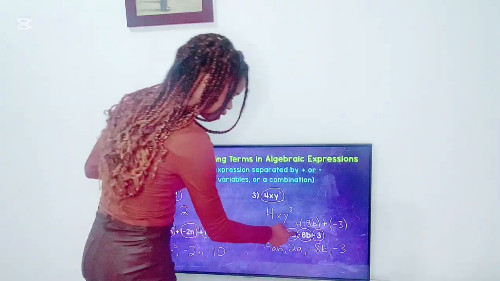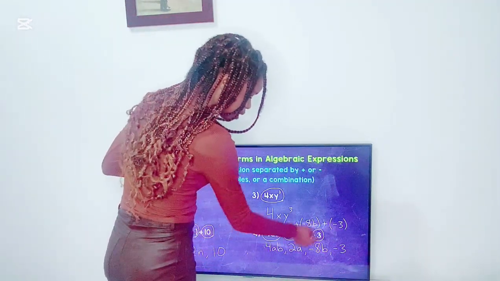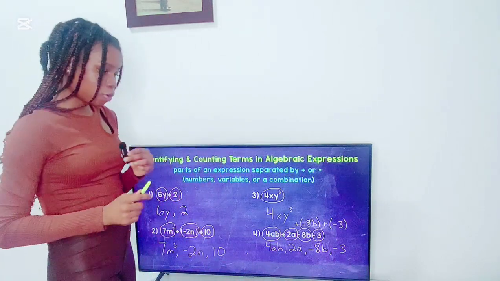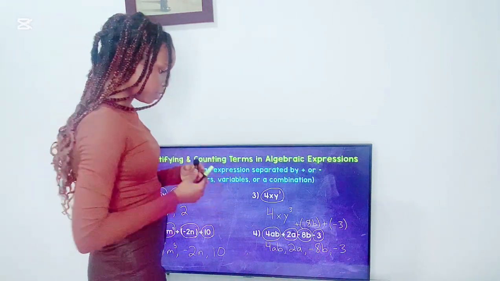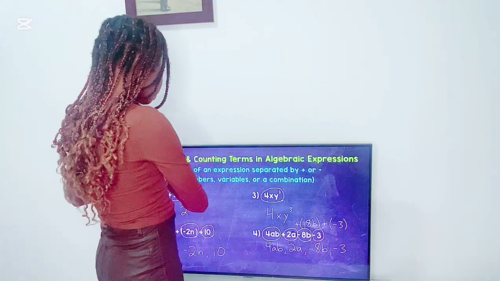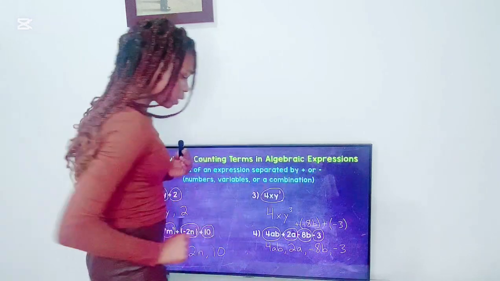Whenever you see this negative sign or subtraction sign, this means negative, so your answer is going to be in a negative form. And of course, that doesn't affect the term count. Remember I said a term is part of an expression separated by addition or subtraction.